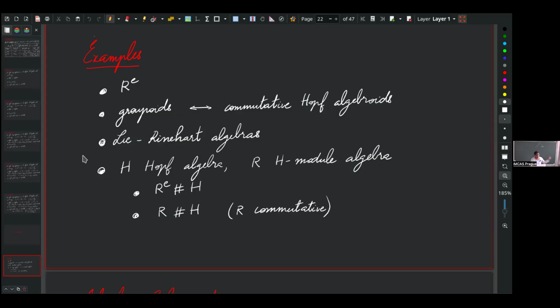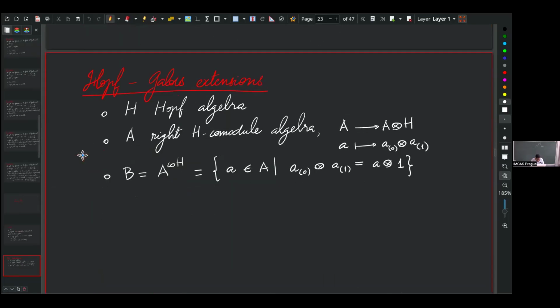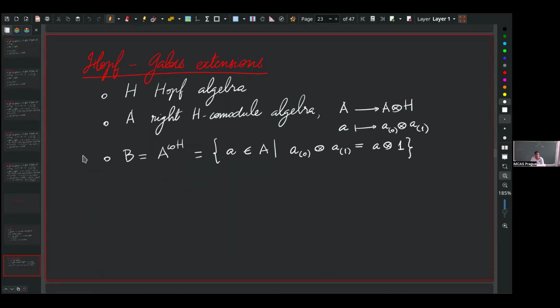So we will next look in more detail into the Ehresmann-Schauenburg right Hopf algebroid. First I will recall what a Hopf-Galois extension is.